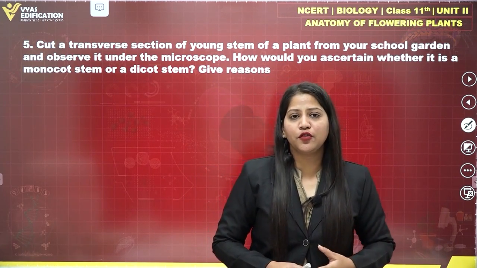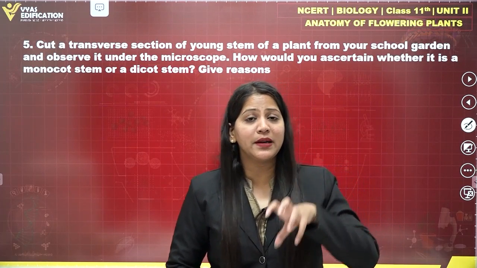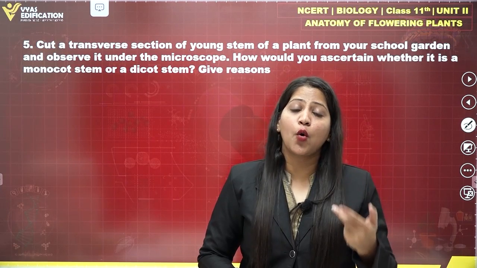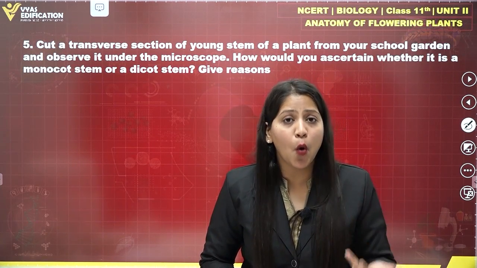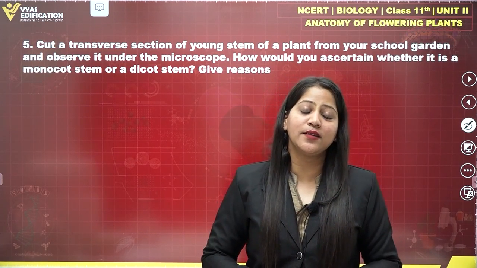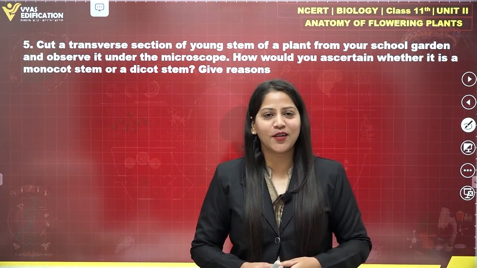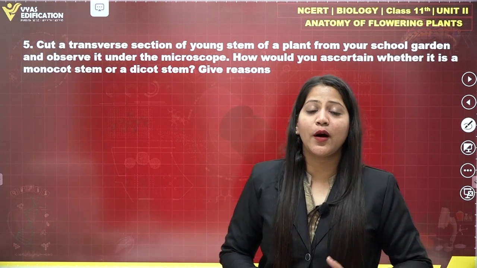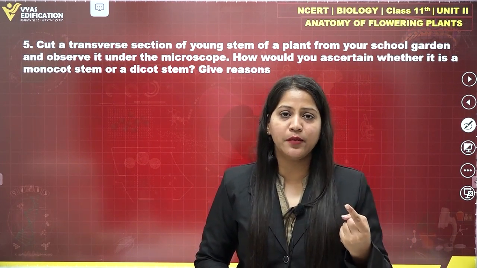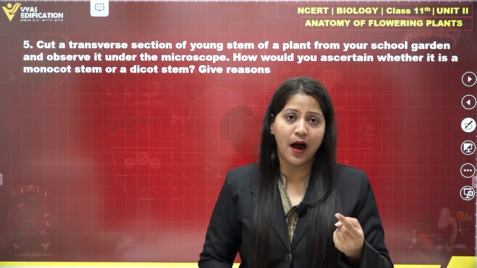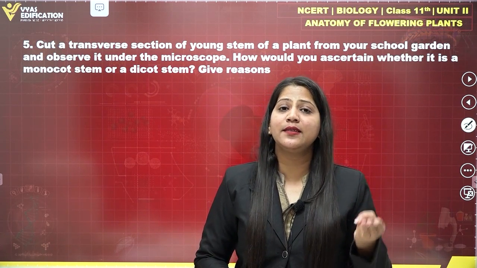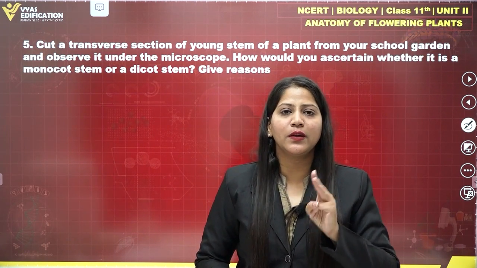Next, the vascular bundles in dicot stems are conjoint, collateral, and open. That means you will find secondary growth in dicot stems, which is not found in monocot stem. This is also a characteristic of dicot stem. What I've said is that in dicot stems, the vascular bundles are conjoint, collateral, and open. That means they can have secondary growth in them.